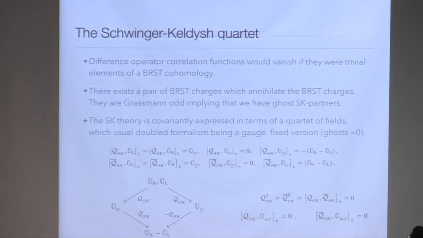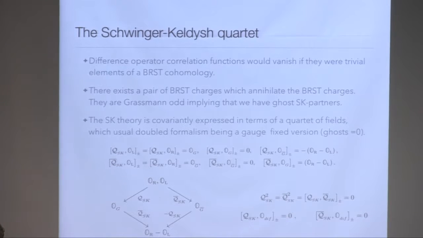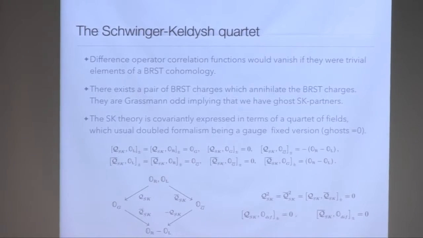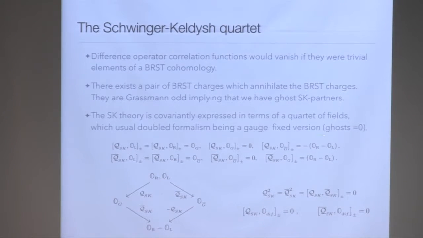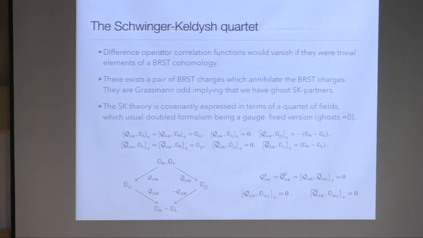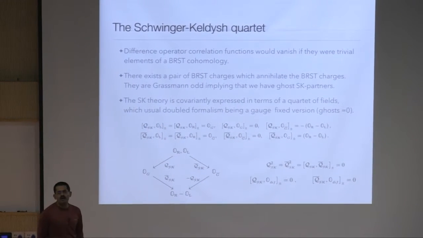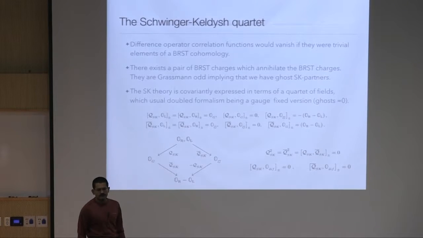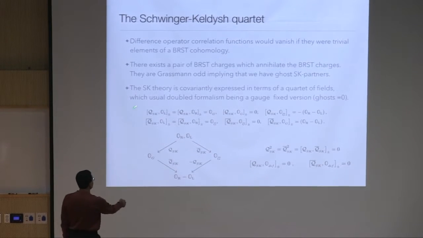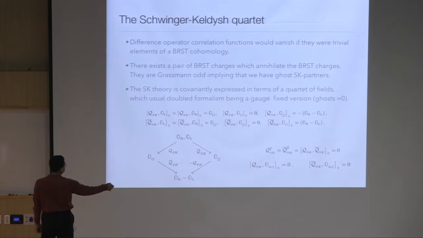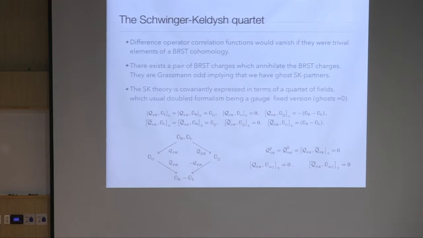Therefore, I'm going to say that there exist two charges, for CPT reasons, Q_SK and Q bar_SK, which are CPT conjugates of each other, such that the O difference is either Q of something or Q bar of something. Okay? Now forget this line, it's much easier to just read this diamond.